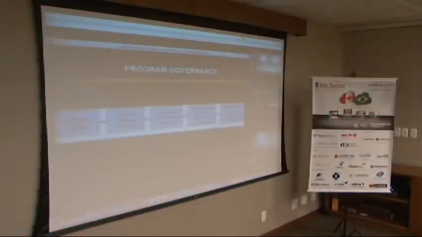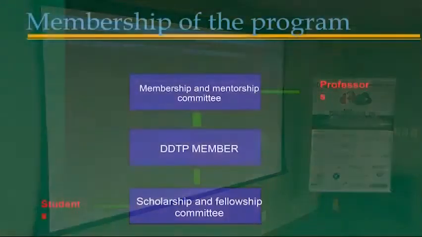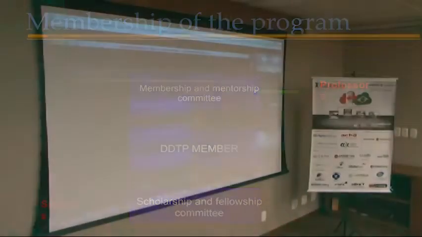All these units work together to deliver the program. The program is made of what we call members. We have DDTP members, who are students who are successful in winning fellowships from the program. And then we also have the professors who enter the program through selection by a membership committee.